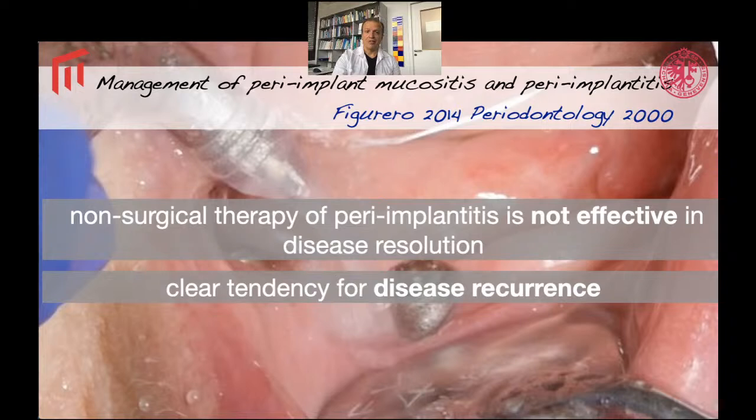There are different cutoff values of bone level to define incipient peri-implantitis. But let's say as an everyday rule, defects of 1 to maybe 2 millimeters can, in some cases, be treated only with non-surgical therapy. Otherwise, in cases where we have more than 2-3 millimeters of bone loss, surgical therapy is a necessary step.